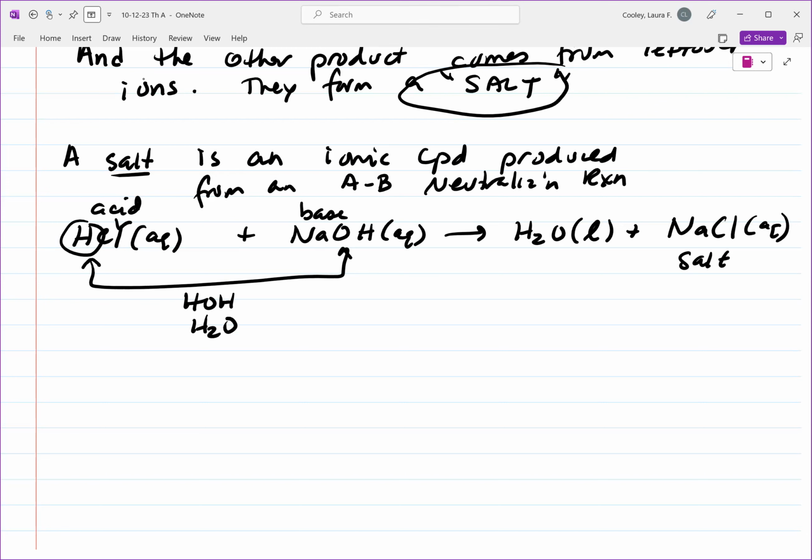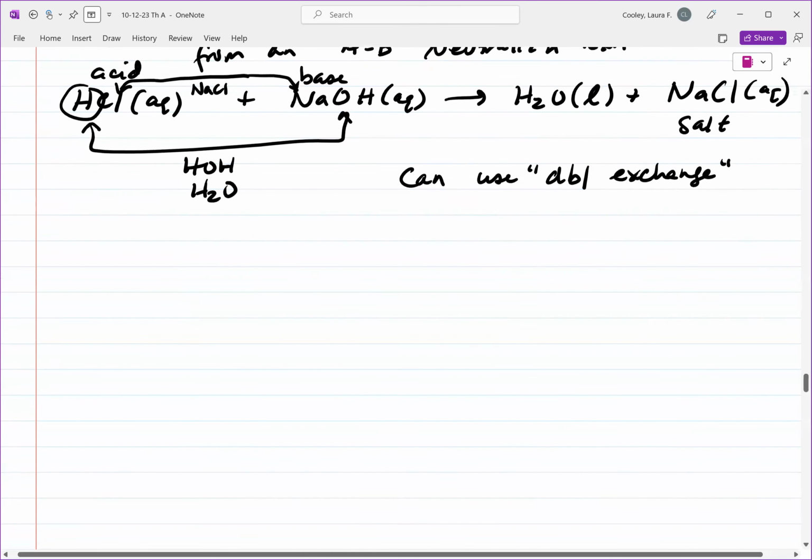And then you have this anion with this cation to give you the NaCl. So you can think about it as a double exchange. You can use the so-called double exchange for acid-base neutralizations. I prefer just writing water and then figuring out what the other ions are, but it works just as well.